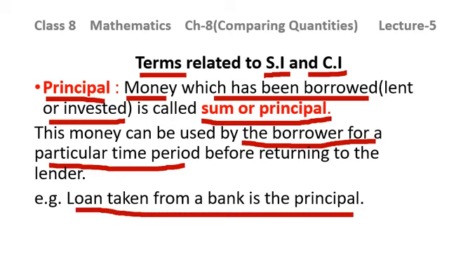Whenever a loan is taken, it is always taken for a particular time period and for a particular rate of interest. These are the terms which I will be discussing in the further slides. Right now I am concerned with principal here.